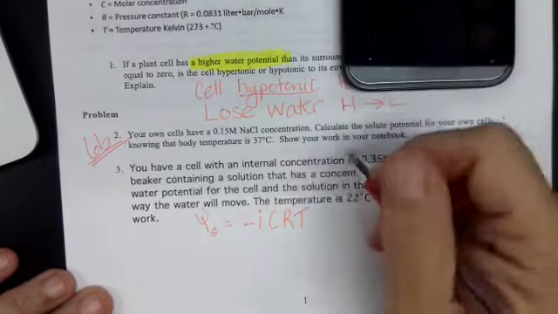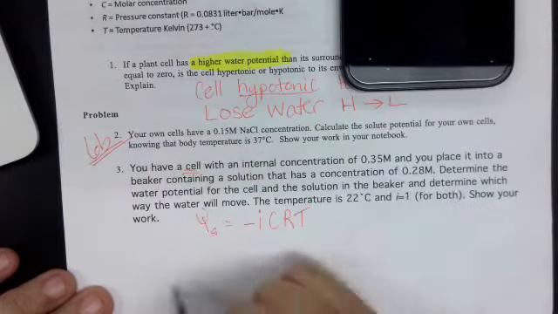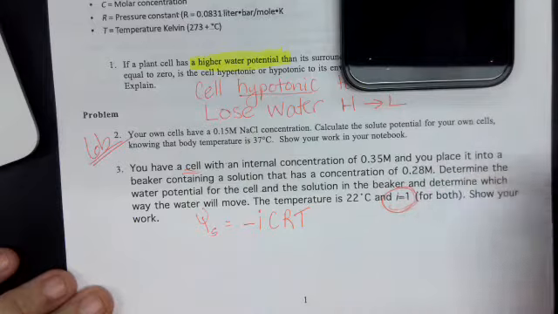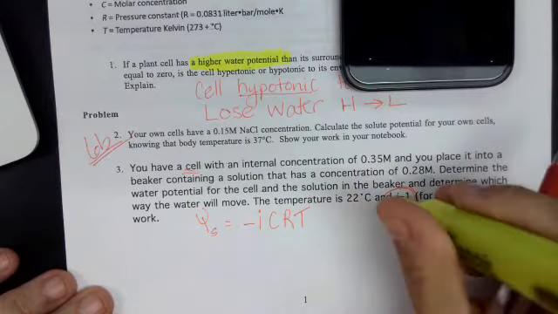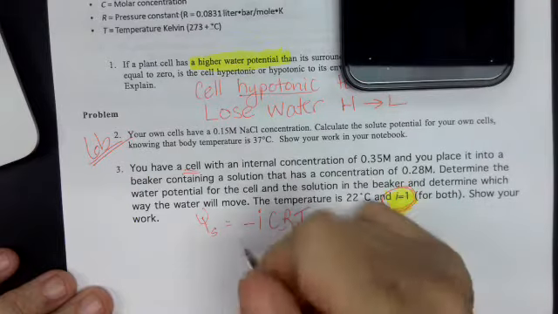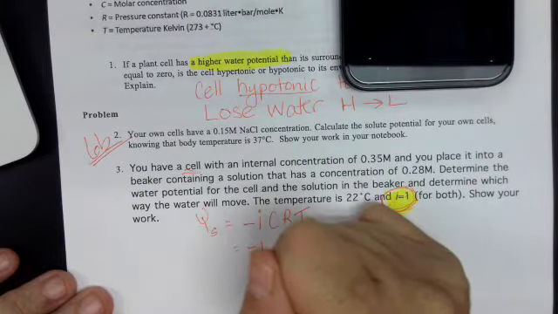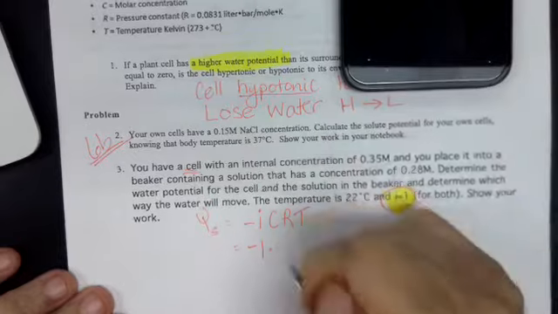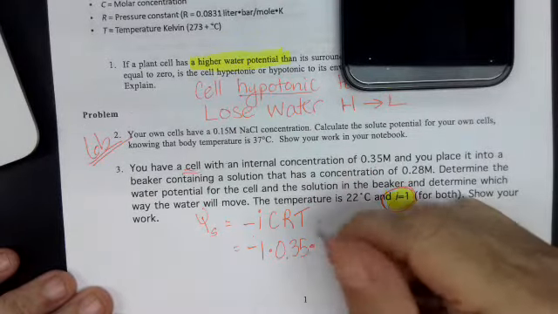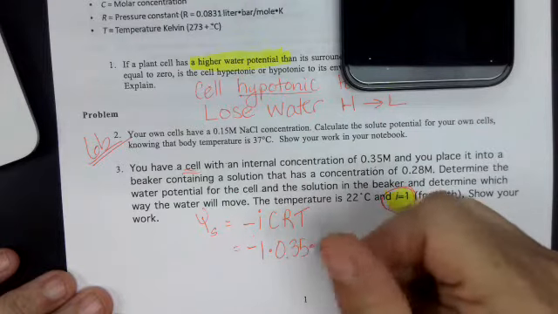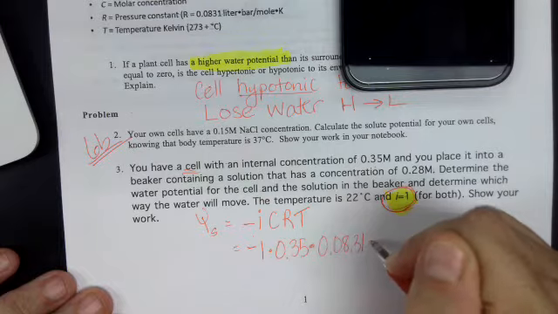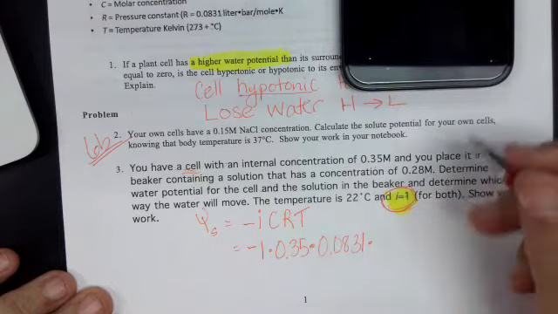So for the first cell we have here, it's telling me to use an ionization constant of 1 for both. It's not telling me what they're dissolved in, but I'm going to use -1 times the molar concentration of 0.35 times the pressure constant, which is 0.0831, times the temperature in degrees Kelvin.